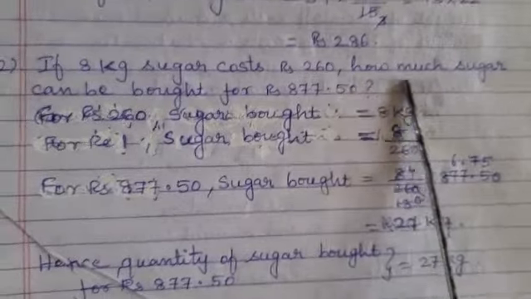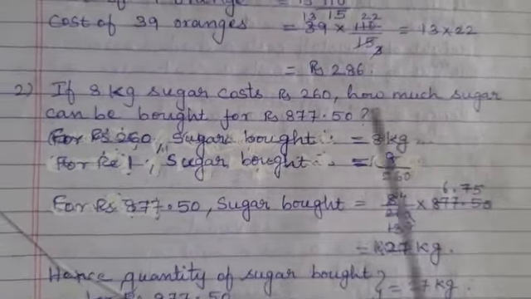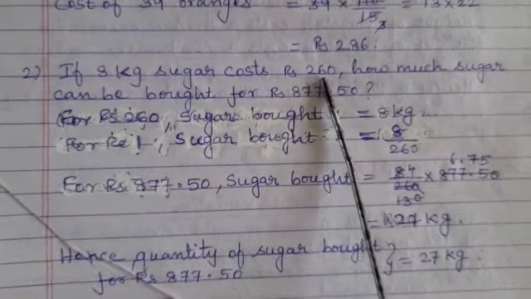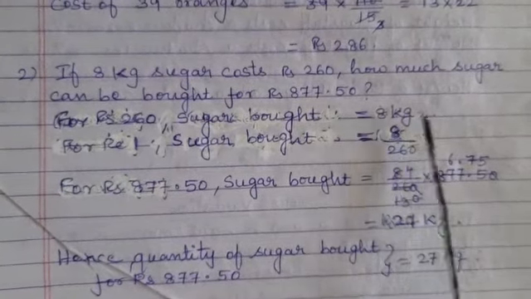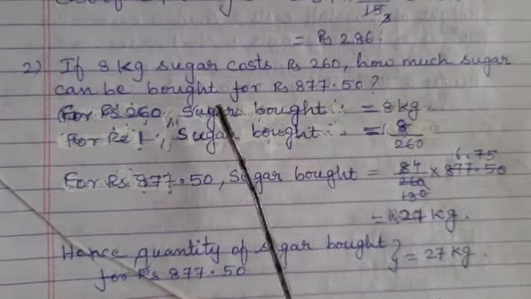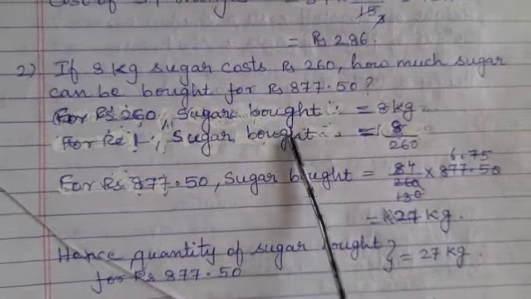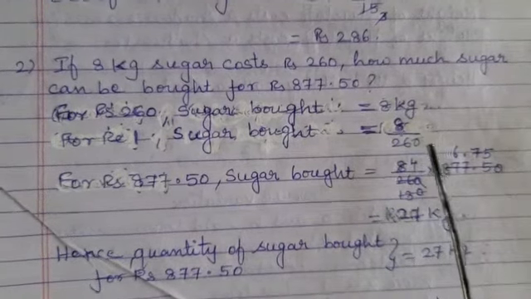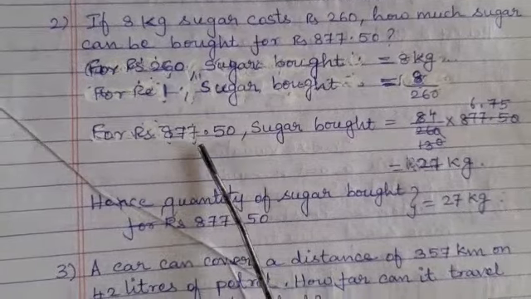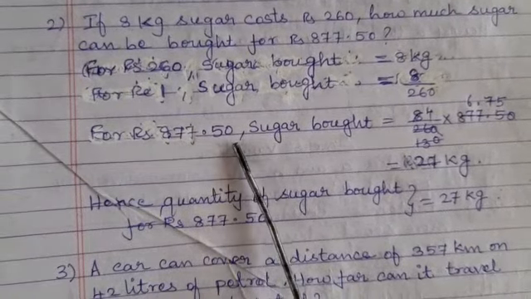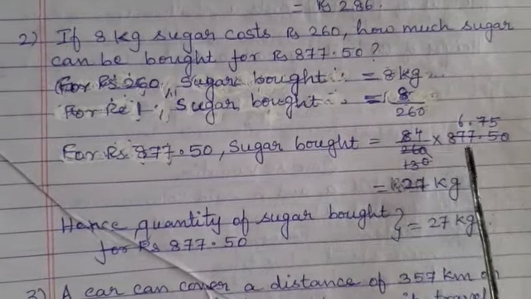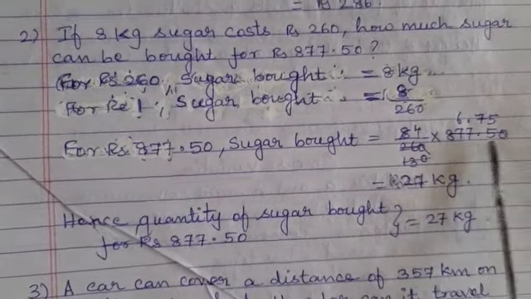So here the question starts from how much sugar. You can write it this way: the quantity of sugar bought for rupees 260 is equal to 8 kg. Then the quantity of sugar bought for rupees 1 is equal to 8 by 260. Then the quantity of sugar bought for rupees 877.50 is equal to 8 by 260 multiplied by 877.50.